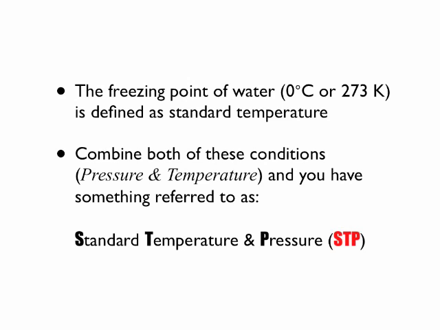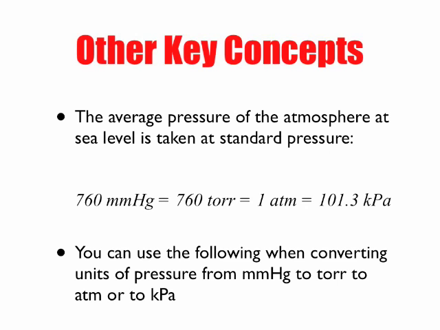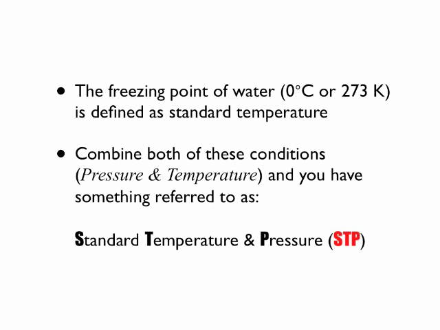The freezing point of water is at 0 degrees Celsius or 273 Kelvin, which is defined as the standard temperature. Kelvin is a new set of units that we will be looking at for temperature as well. Now, combine both of these conditions, the pressure from the previous slide and the temperature from this slide, and you have what is referred to as the standard temperature and pressure, otherwise known as STP.